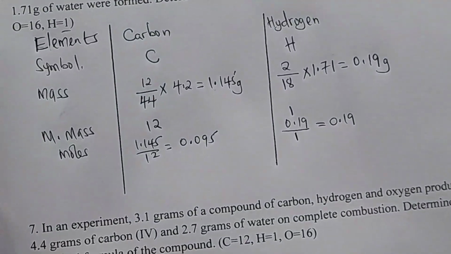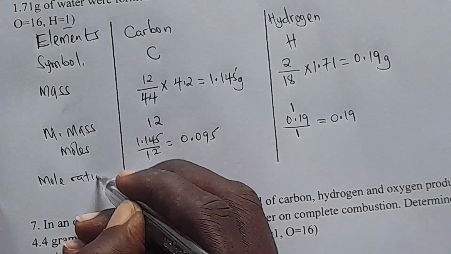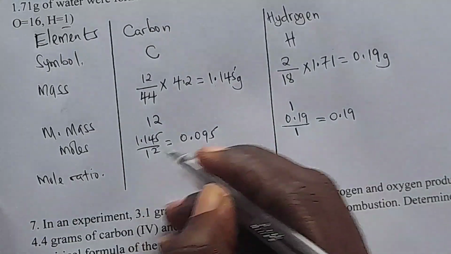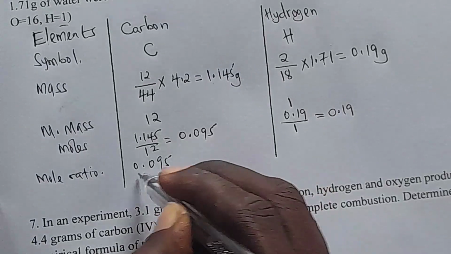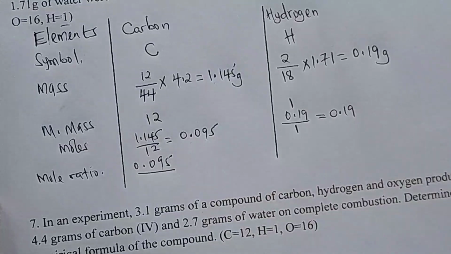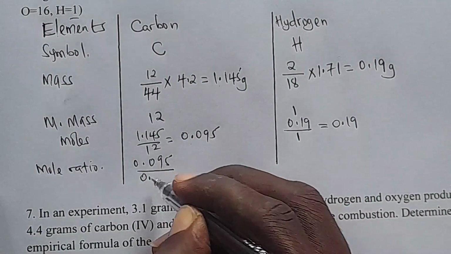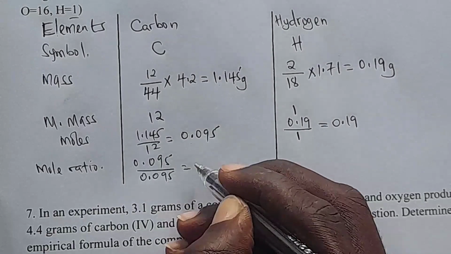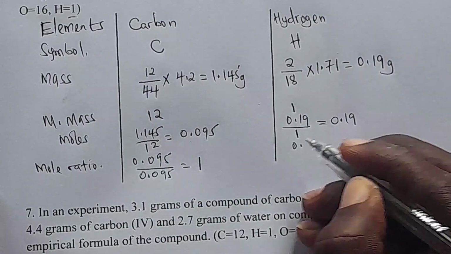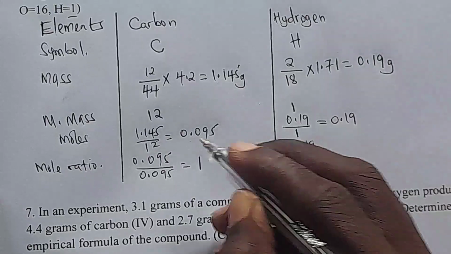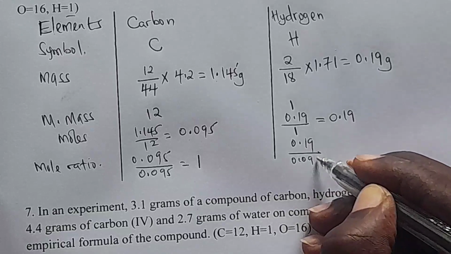Thereafter, we are supposed to get the mole ratio. How are we going to get the mole ratio? We take the moles of carbon, 0.095, divided by the moles that is less in carbon and hydrogen. In our case, it is carbon, 0.095. Here I'm going to get 1. Then the moles of hydrogen, 0.19, divided by the small moles, which is for carbon, 0.095.